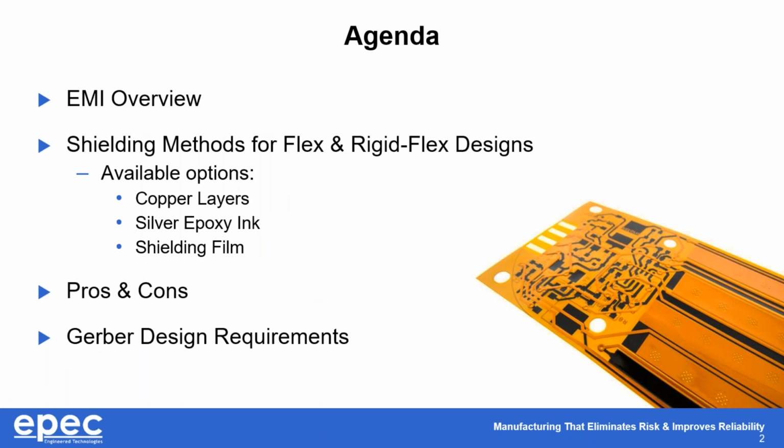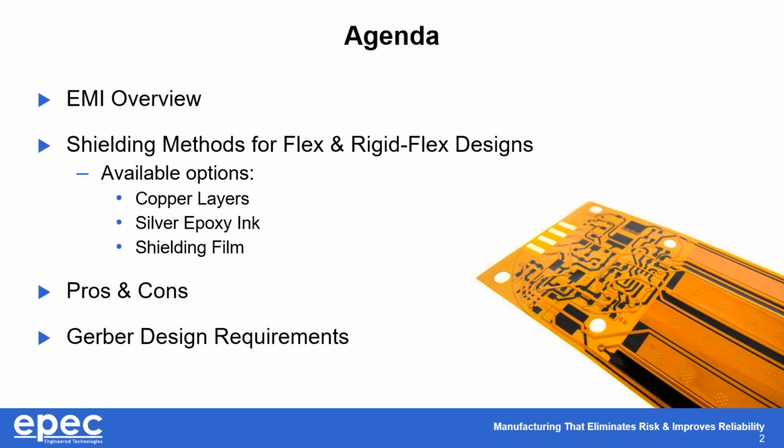So our agenda today is we're going to do a quick little one-page overview of EMI. We're not going to delve into the rationale or the reasons why EMI shielding is required. We're just going to touch upon it. Our focus is going to be more on how it's implemented into a flex.